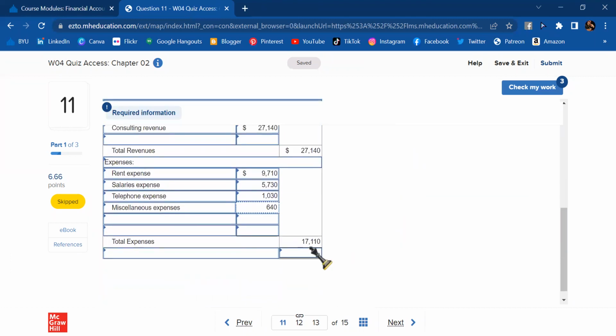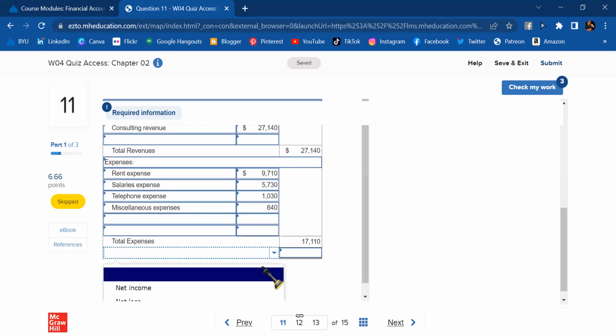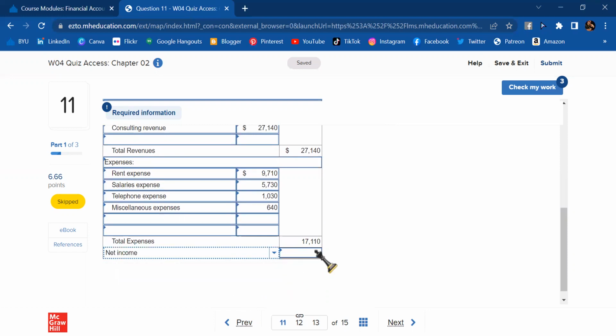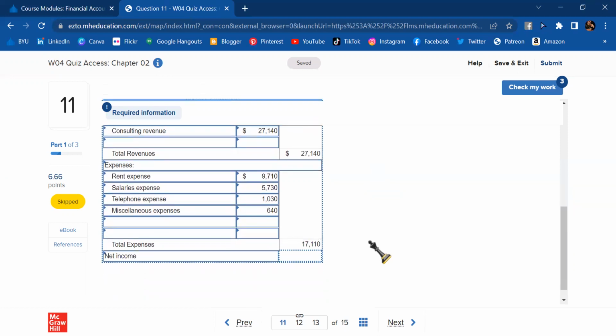That gives us our total expenses. And then the last one we're looking for is our net income. Net income should be 10,030.